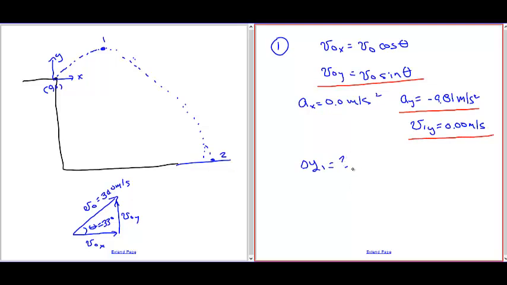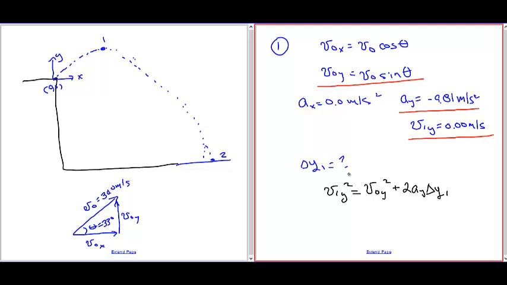So which equation would we use? What equation has delta y, acceleration, and the velocities, because we don't know what the time is in this case? So it's equation 4, which says v sub 1y squared is equal to v sub 0y squared plus 2 a sub y delta y sub 1.